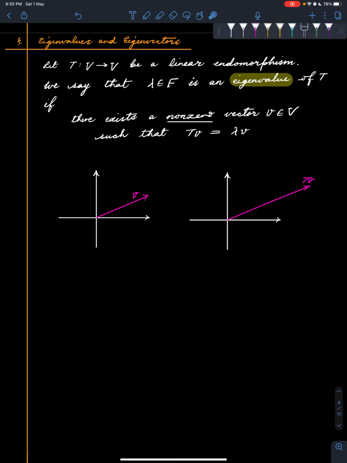Suppose you have a linear endomorphism and you have found a one-dimensional T-invariant linear subspace, then that linear subspace will furnish an eigenvalue. Just pick a non-zero vector in that one-dimensional T-invariant subspace and hit it with T and obtain the scaling factor. That scaling factor is an eigenvalue. So that's the definition.